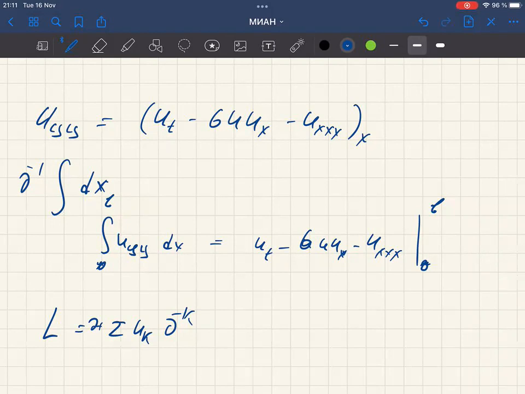I don't like to set some boundary conditions and something like that, because it's not my task. My task is to construct some functions that, for example, we have here solitons.